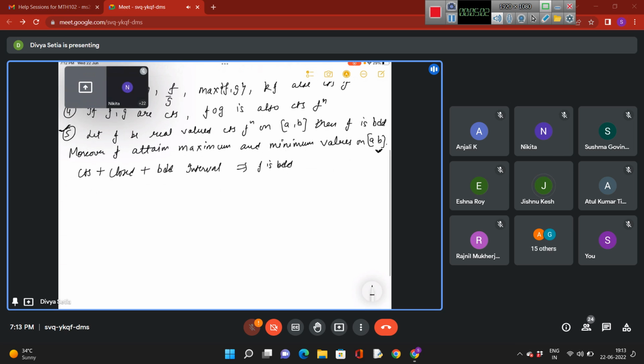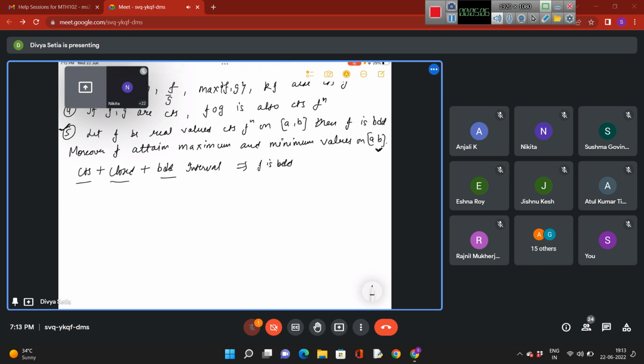These three things are required. Bounded means bounded above as well as bounded below. It's a bounded set, right? So you need a closed bounded interval.